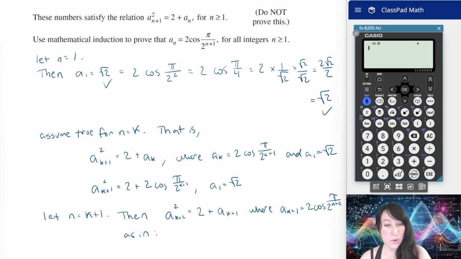So the full equation we want to show is true is a k plus 2 squared is equal to 2 plus 2 cosine of pi over 2 to the k plus 2. So let's see what we can do.